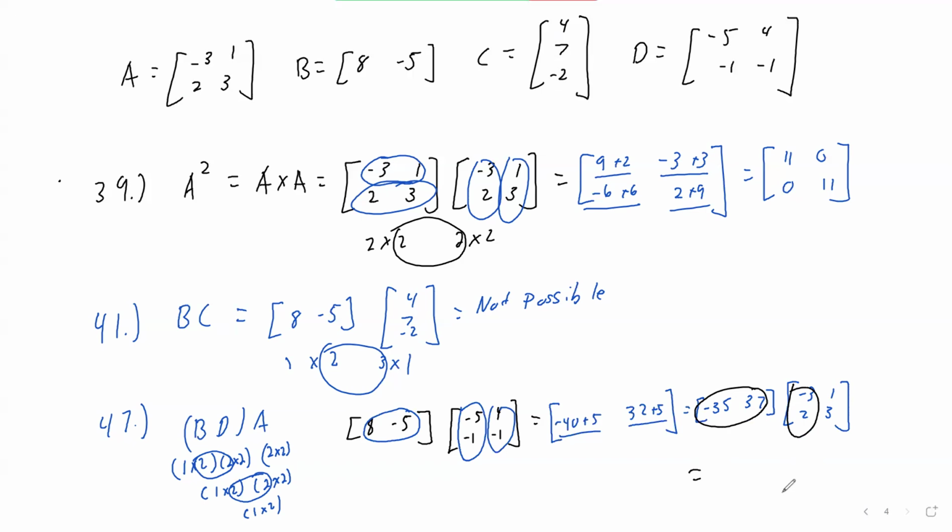All right, I gotta get a calculator on this one. See, I know that's 70. What's that? Positive 105. Okay, and then 37 times 2. All right, so that's 74 plus 105, so that's 179.